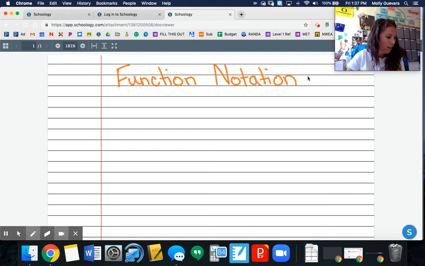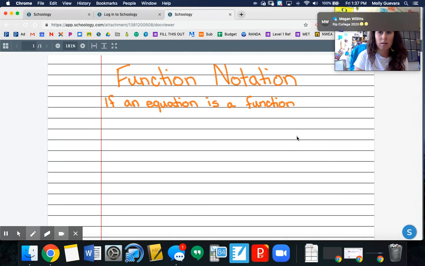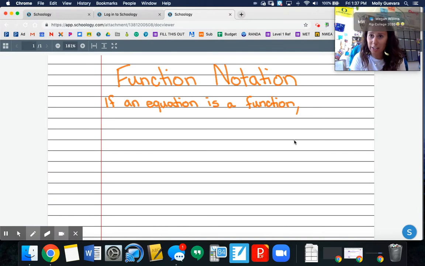All right, function notation. So what we're going to say here is if an equation is a function, so if it passes that criteria, right?